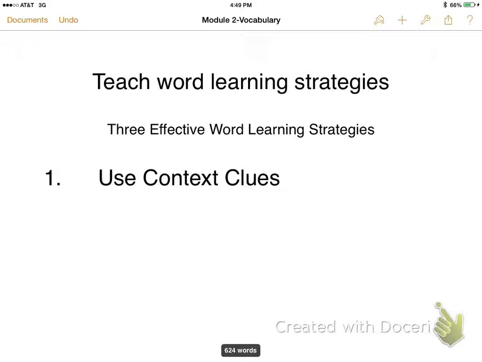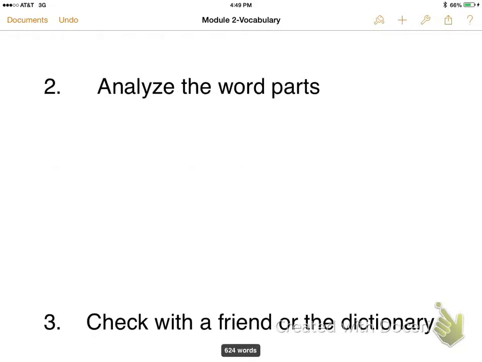All right, if that doesn't work, then maybe they need to analyze the word parts. What does that mean? Analyze the word parts. Well, they need to look at the prefixes. They need to look at the suffixes. Maybe they need to think about where the word might have come from.